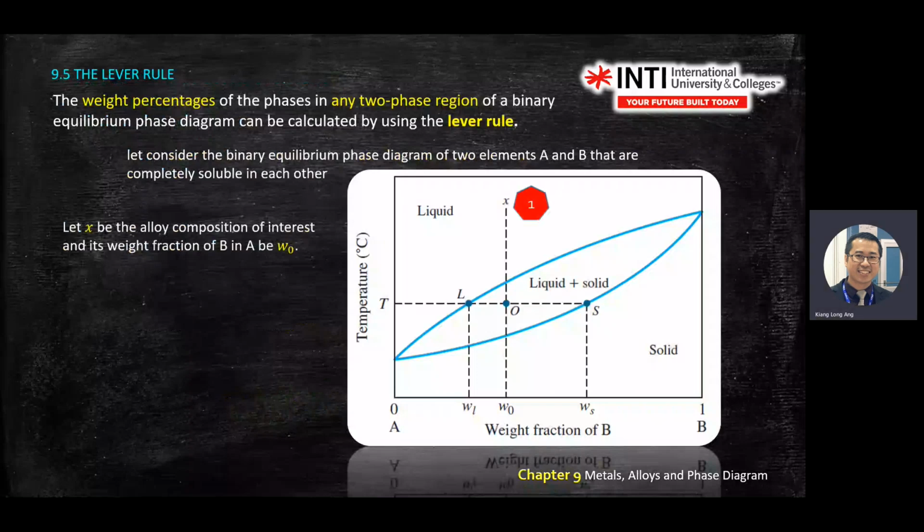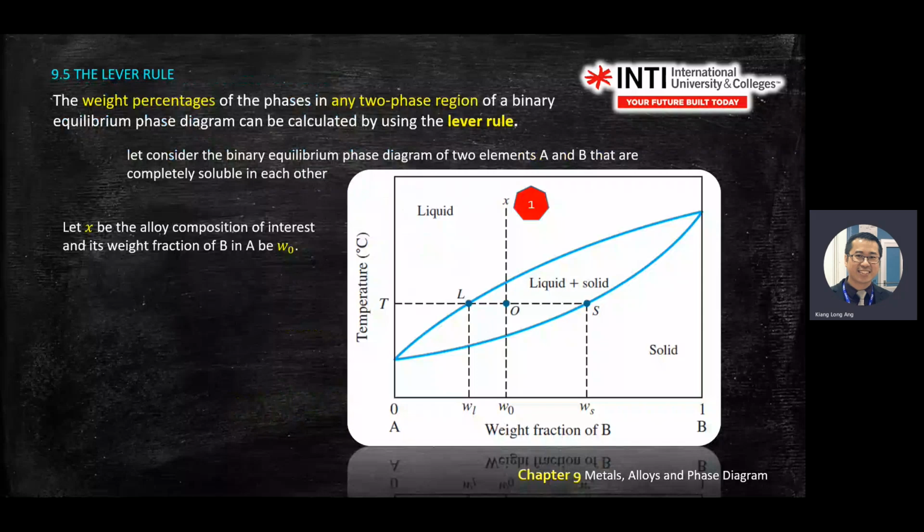Because in your process, you fix your temperature, and you observe your product, you're seeing liquid and solid phase, but you don't know how many percent of A, how many percent of B.